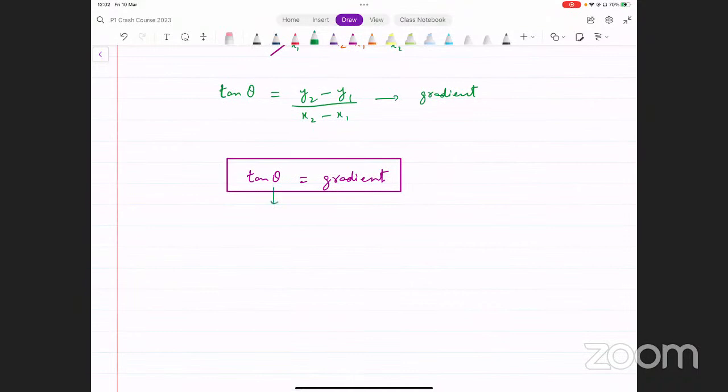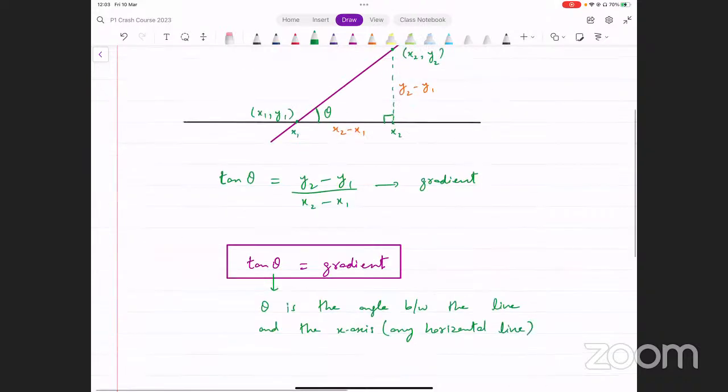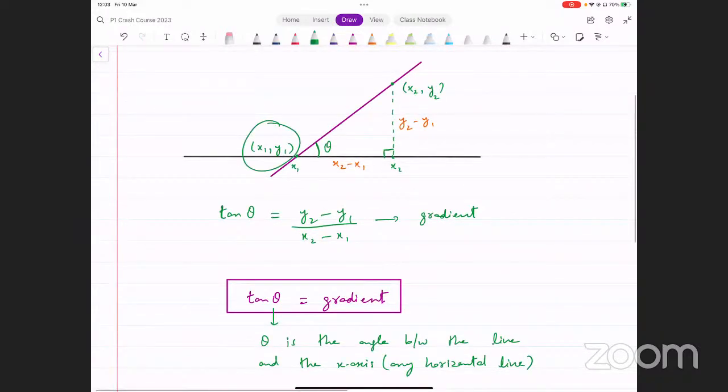So theta here represents the angle between the line and the x-axis, and not necessarily just the x-axis. It could basically be any horizontal line, because the point x and y1 could be anywhere.